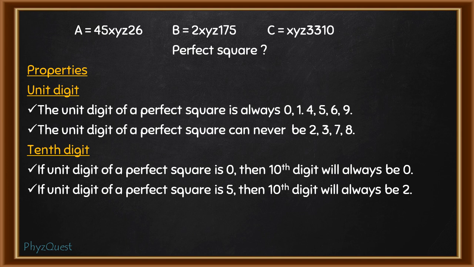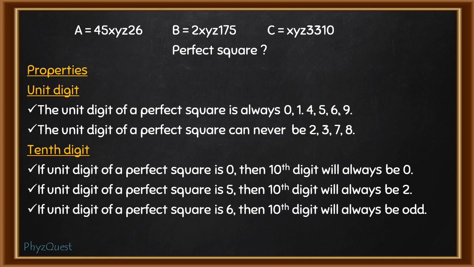Then rule number 3. We have considered the unit digits 0 and 5, and we are left with 4 more digits. Rule number 3 is, if the unit digit of a perfect square is 6, then the 10th digit will always be odd.